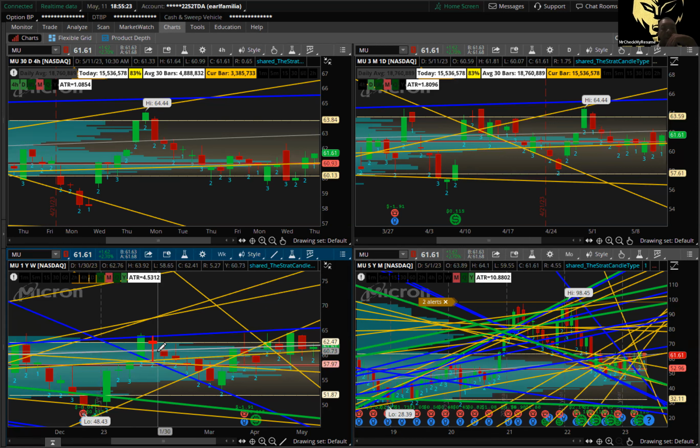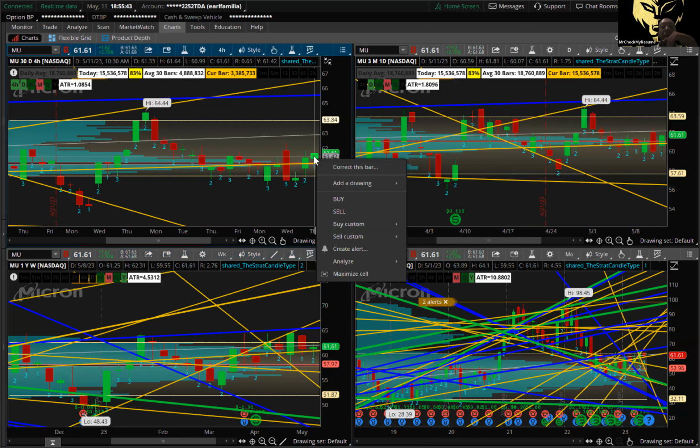Okay, so we got MU. 212 on the 4 hour here, looking at an entry above 61.64. Looks like we're coming out of the point of control as well on the 4. That's always a good sign. So that looks solid for that first setup there on the 4 hour. I'm going to actually drop an alert in.